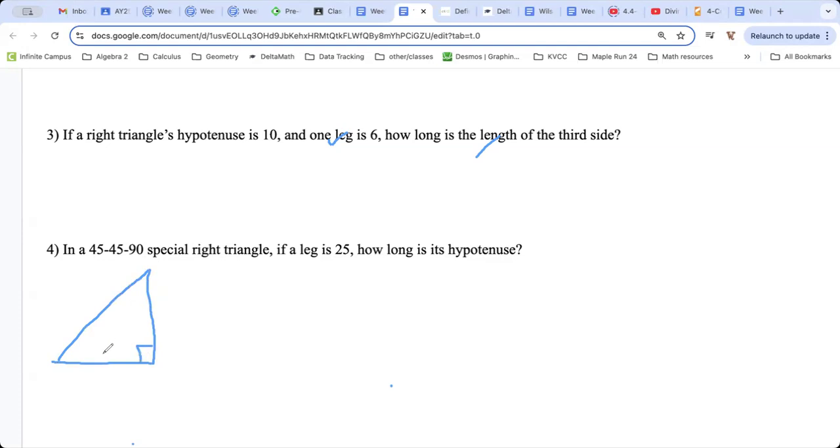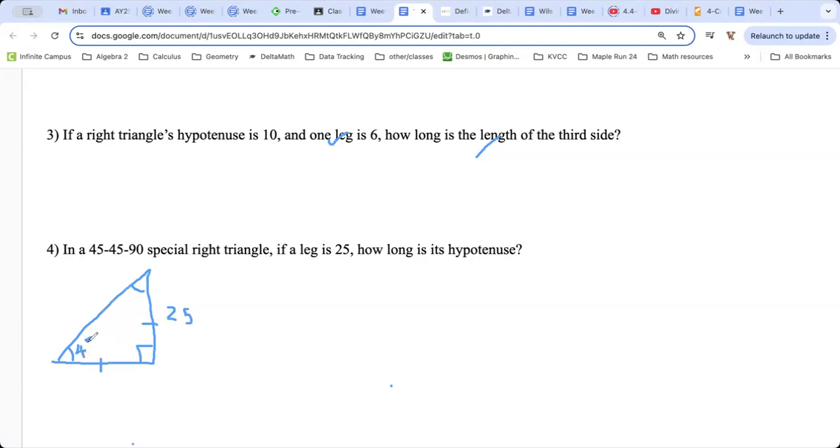It's actually an isosceles right triangle, okay? So those two angles are equal to 45, that's 90. And we say the legs are 25. And they are isosceles, so both sides are 25, okay? The angles are 45 degrees.